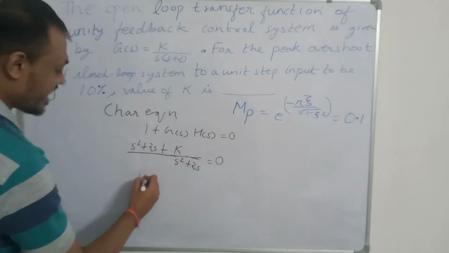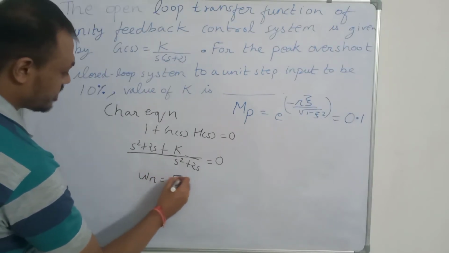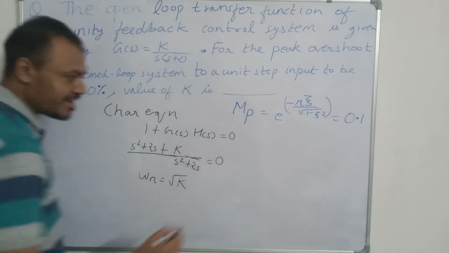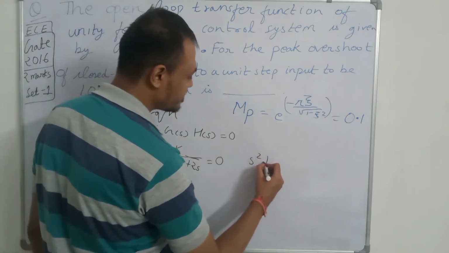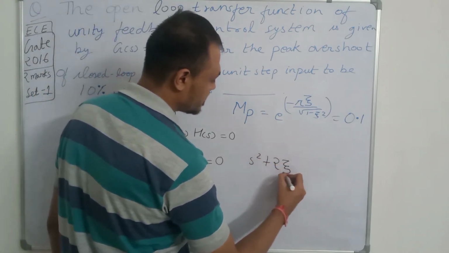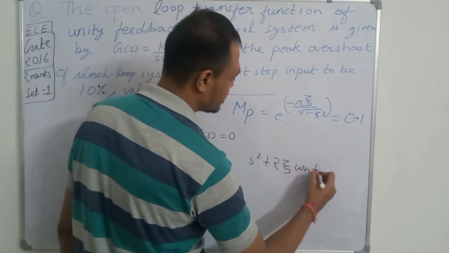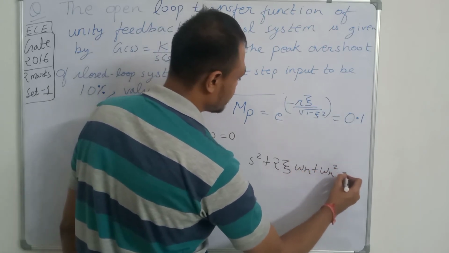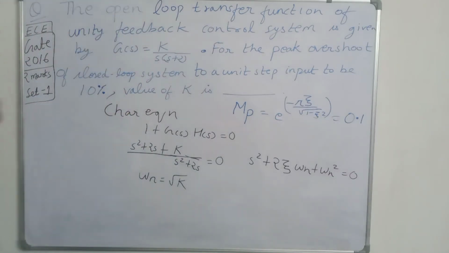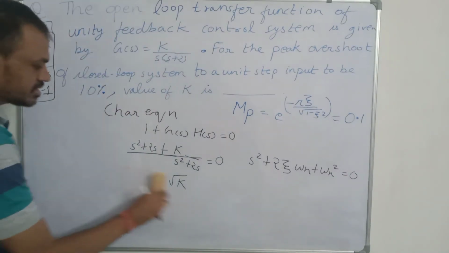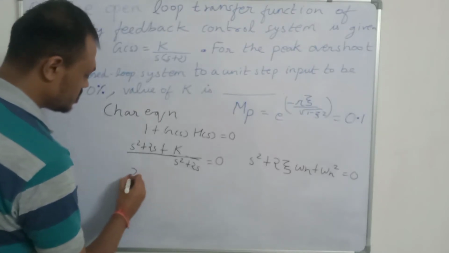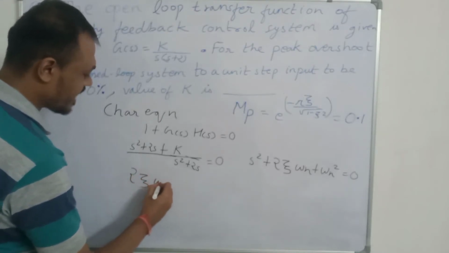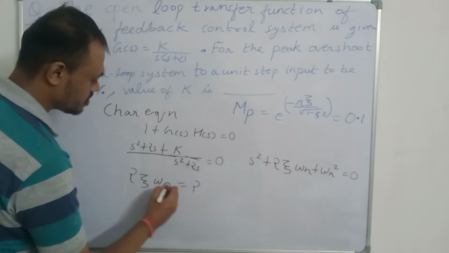So ωn = √K. Compare it with the general form s² + 2ζωn s + ωn² = 0. So the value of ωn is √K, and the value of 2ζωn is equal to 2.